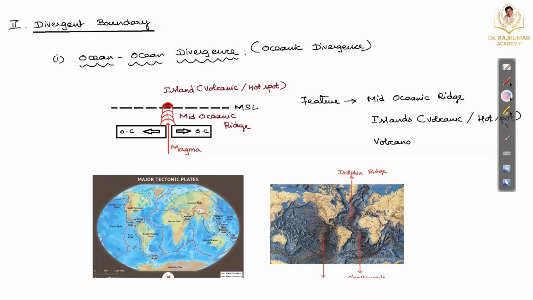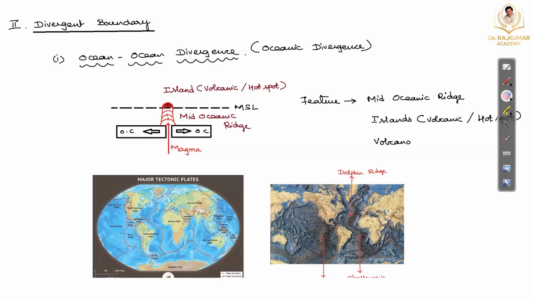On page number 101, at the top of this page, or page number 118, somewhere you can verify the fact. Along the divergent boundary, oceanic divergence, you have this Iceland located. We already discussed it when I was talking about geysers; that time we discussed the locational aspect. Okay, right, my difference. Now, the default feature will be mid-oceanic ridges.